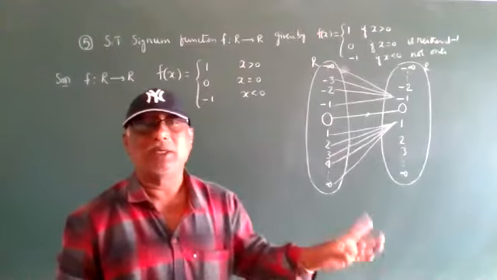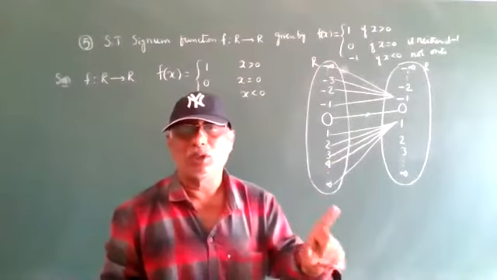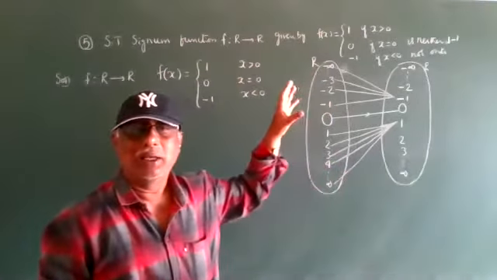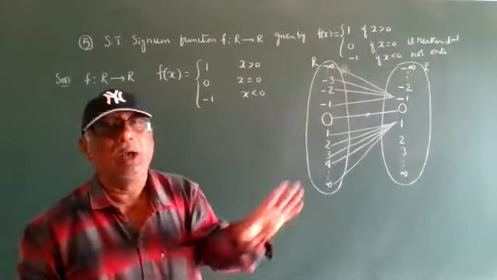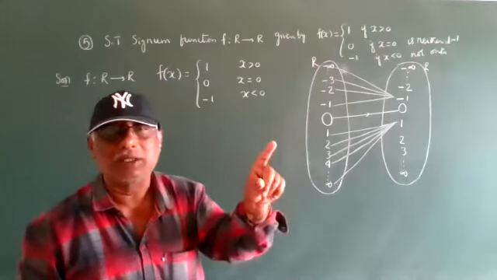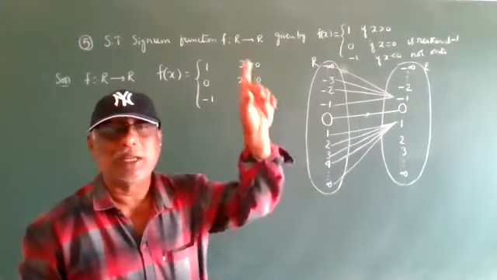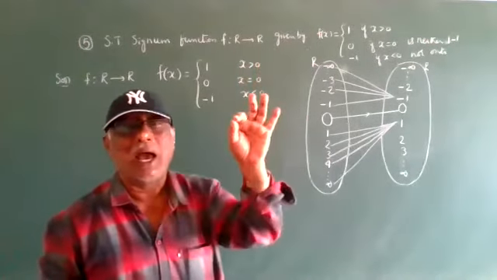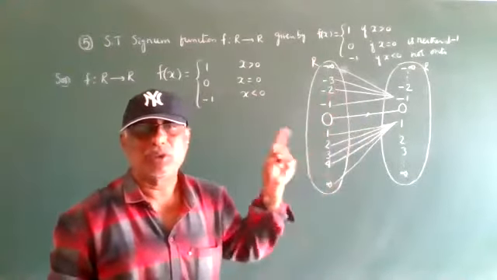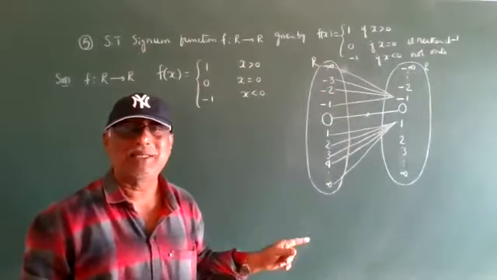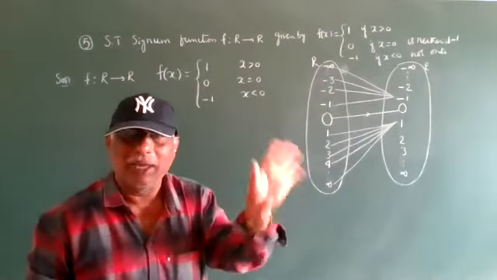Therefore, one-one is not there. Minus 1, minus 2, minus 3 up to minus infinity have the same image minus 1. Plus 1, plus 2, plus 3 up to plus infinity have the same image 1.